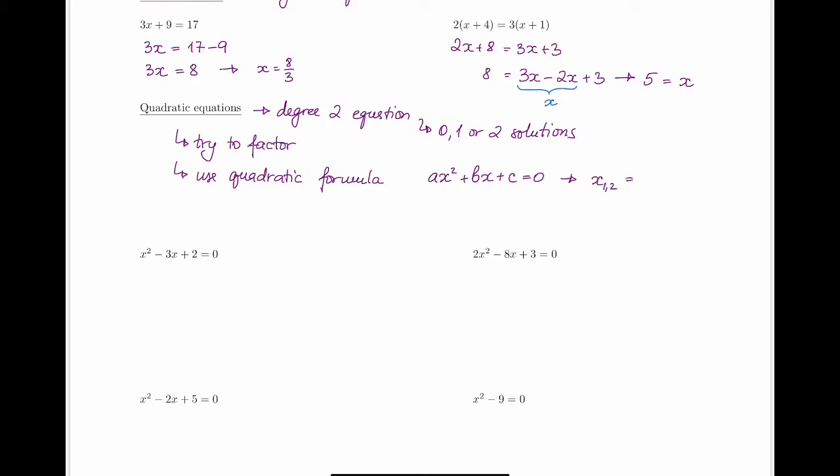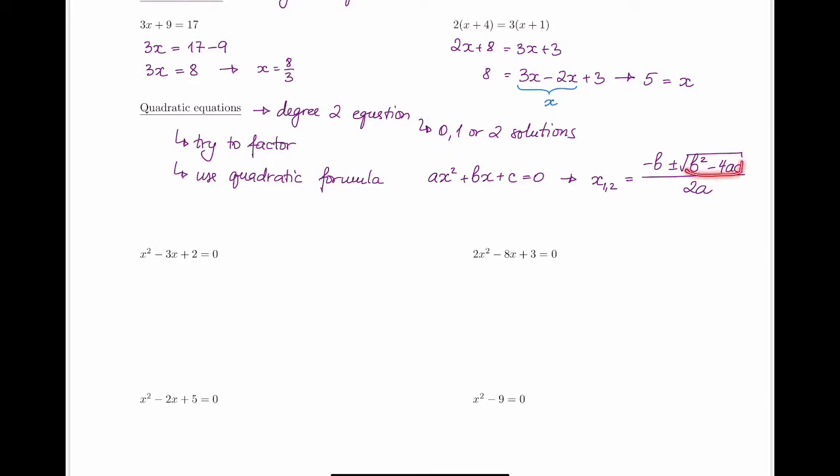We have a formula where we can compute the solutions, or roots, or zeros as they're also called, based on the coefficients of the equation. So the quadratic formula says it's minus b plus or minus the square root of b squared minus 4ac, all over 2a. Okay?